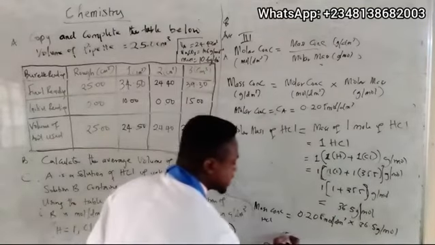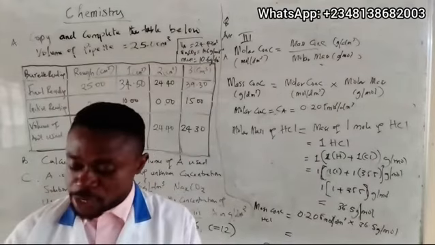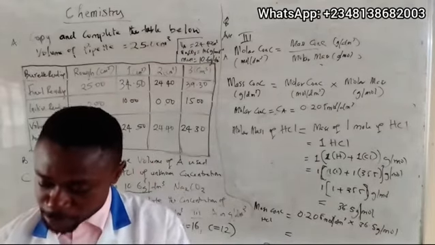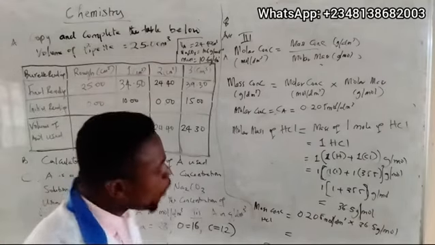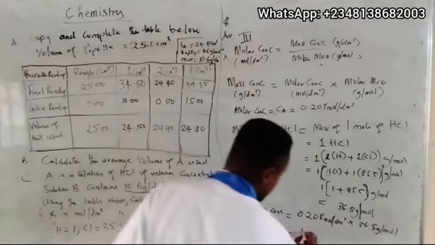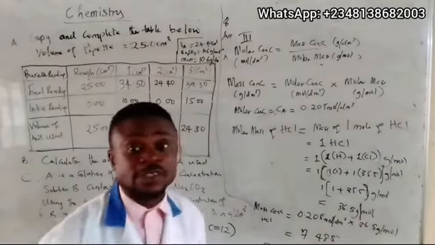If you multiply this out, it will give us something like 7.485.